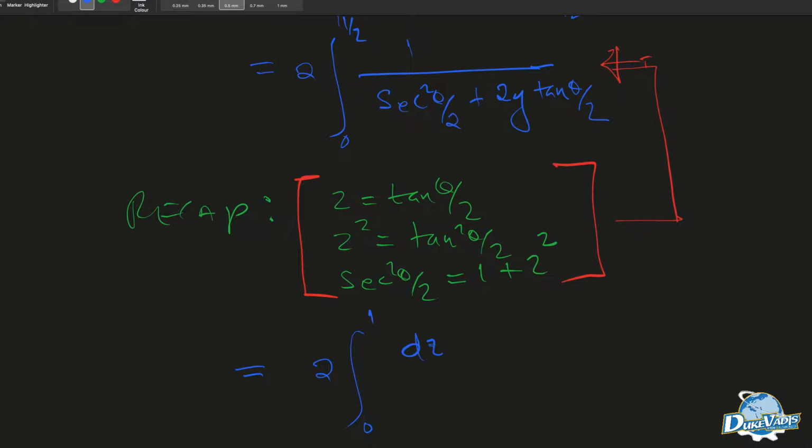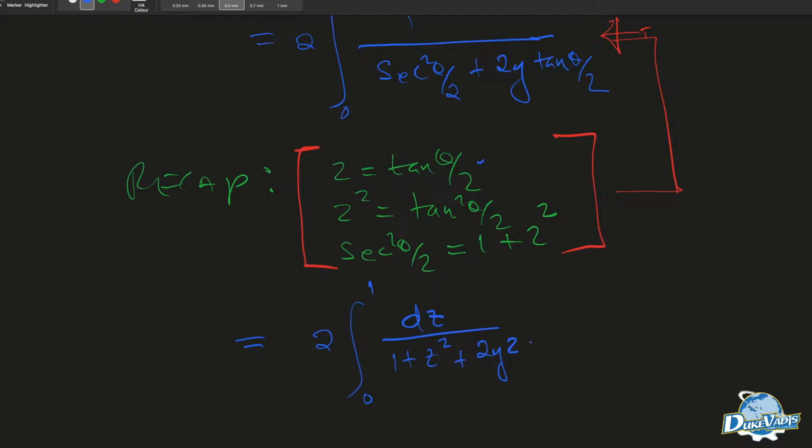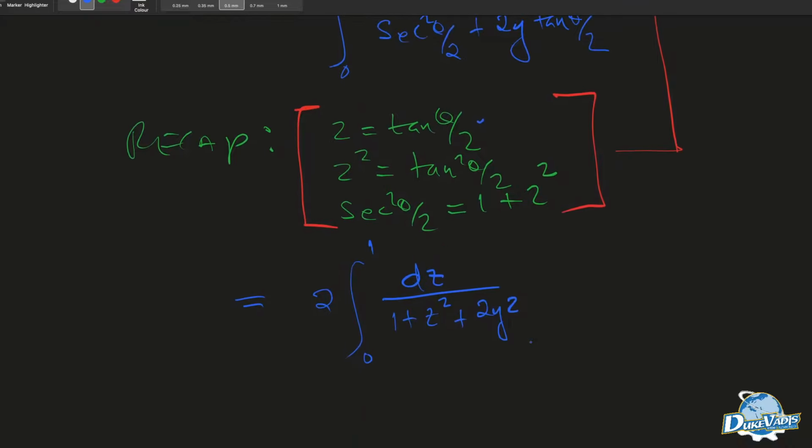So this will be the dz all over, since we know sec squared theta over 2 to be 1 plus z squared, plus our 2y, and we know tan theta over 2 is z, so we put z here. So this becomes our new equation. This is a new challenge because the denominator that we are getting over here is z squared plus 2zy plus 1. That's a quadratic in z.